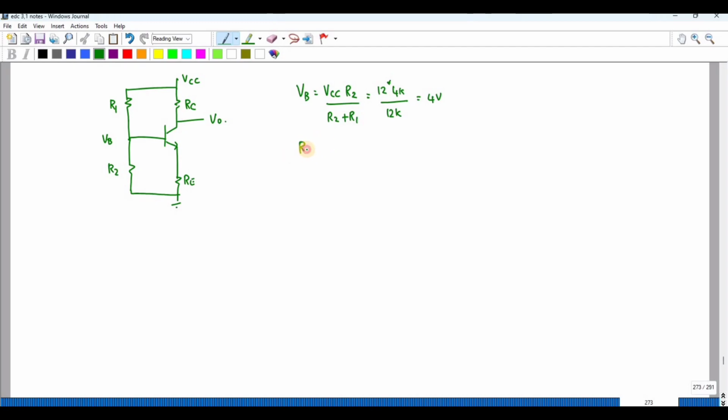And what is RB? RB is nothing but R1 in parallel with R2, that is 4K in parallel with 8K.